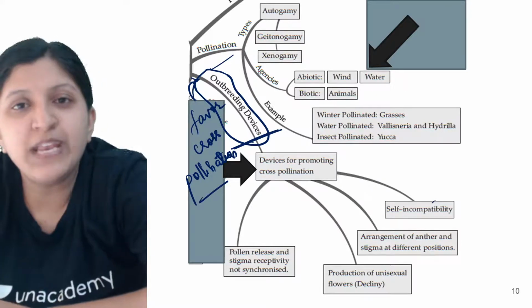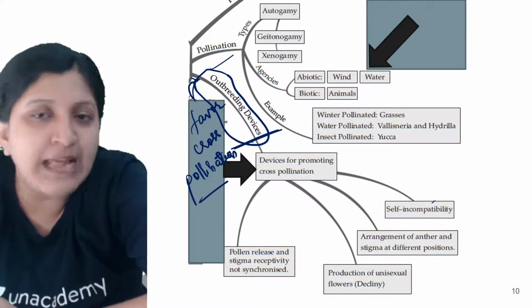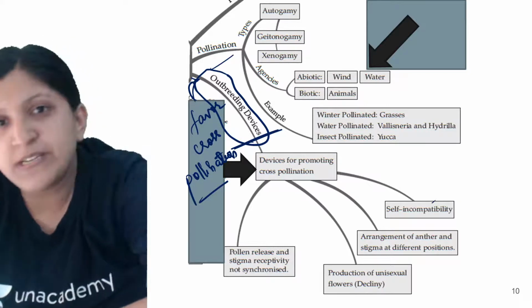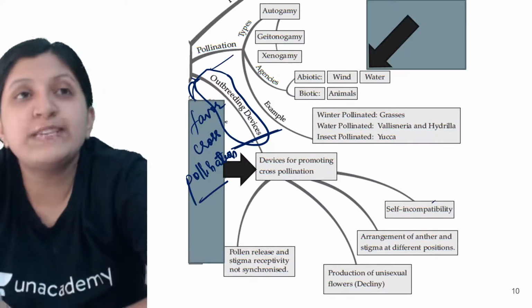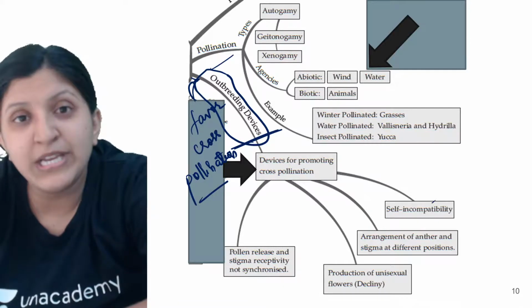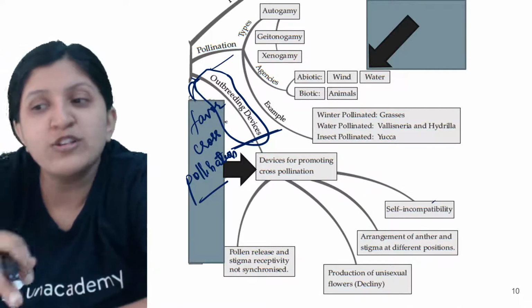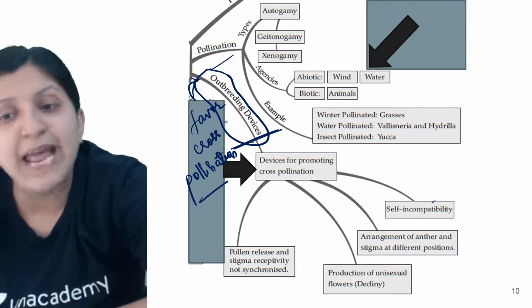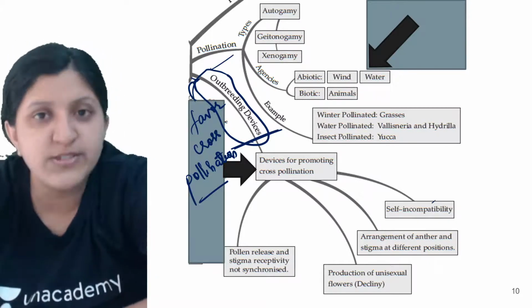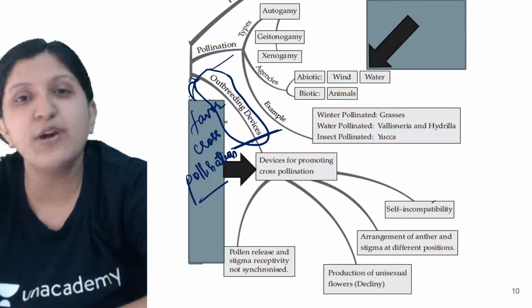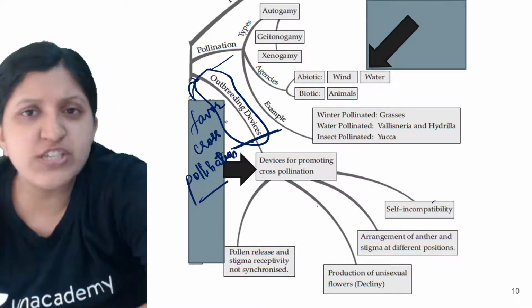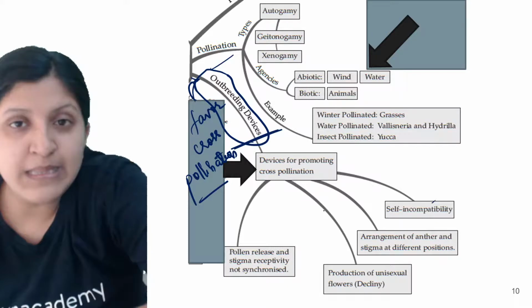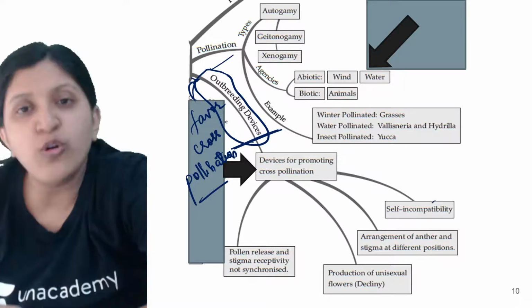Breeding is when two plants come together, that is, the fusion of gametes occurs. So it is not the same plant. Outbreeding, because a different plant belonging to the same species is favored, which is actually cross pollination. So for outbreeding devices, there are a lot of adjustments done in the plant body for the outbreeding to occur.